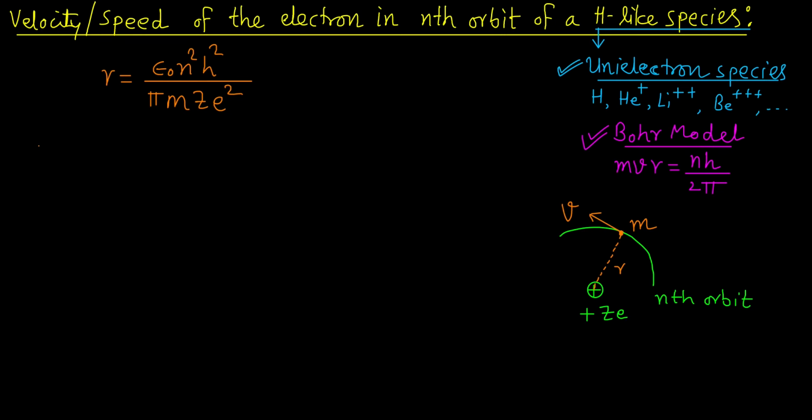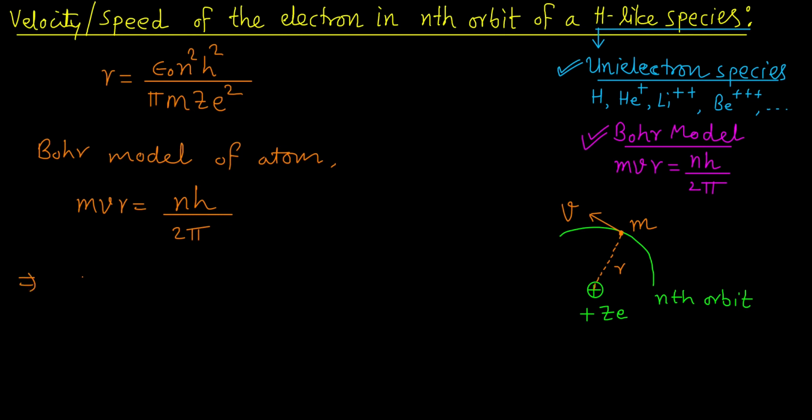Now we will use the Bohr model. The Bohr model of the atom says that mvr is equal to nh divided by 2 pi. So we can put the radius expression here. So it will be mv into r, which is epsilon naught n square h square divided by pi m Z e square. This is equal to nh divided by 2 pi.